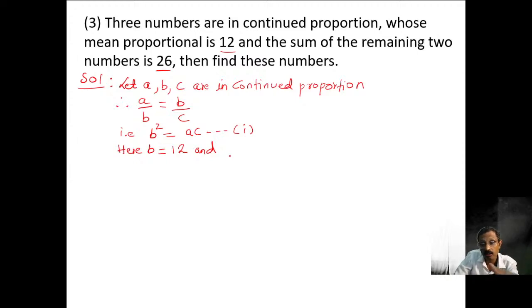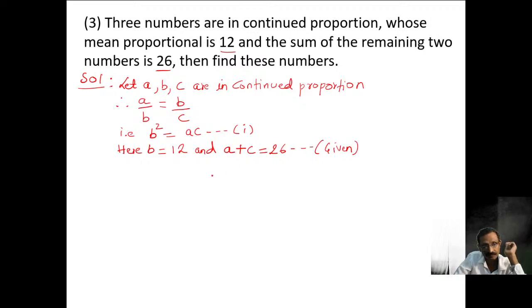That means which are the two numbers remaining over here? I have got A and C with me. And what does it say to me? That the sum of the remaining two numbers, that is this plus this, is equal to 26. And from where did we get this? It is given to us. So I'll just write here for my information that it is given.